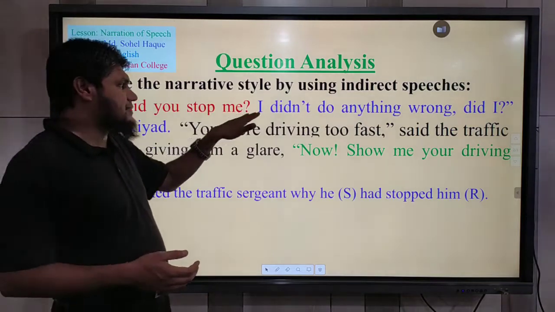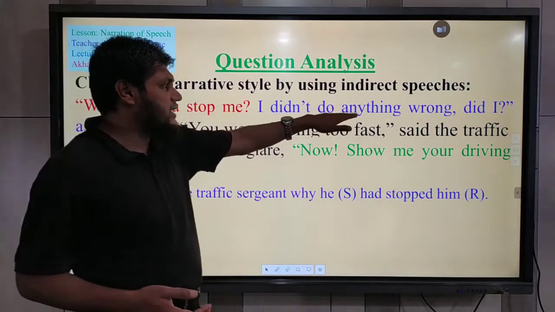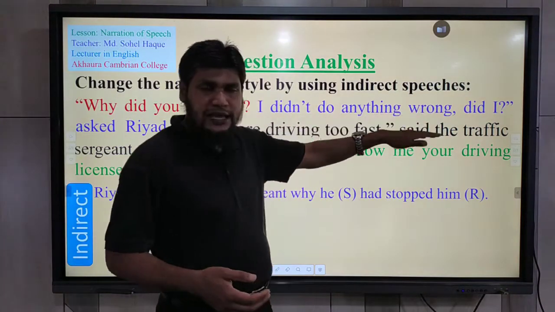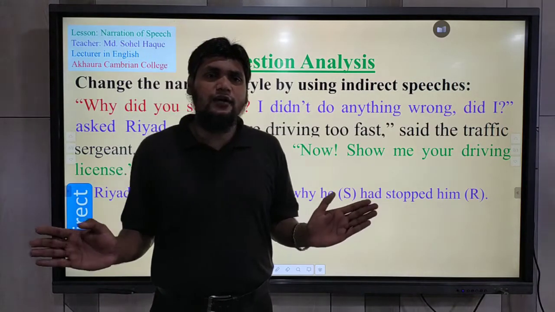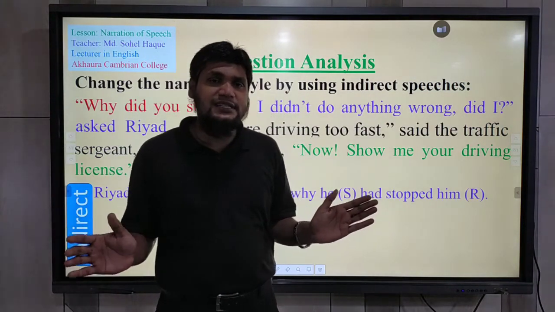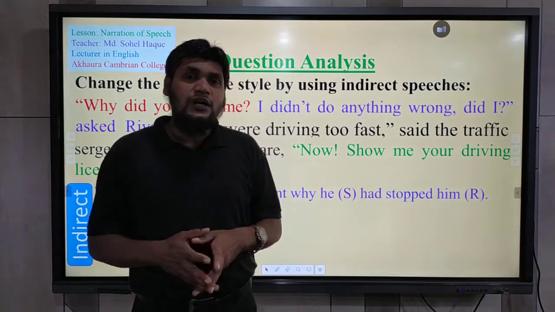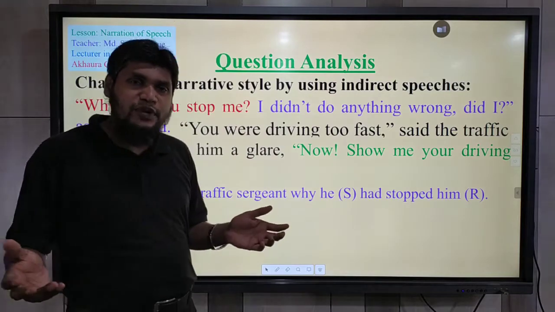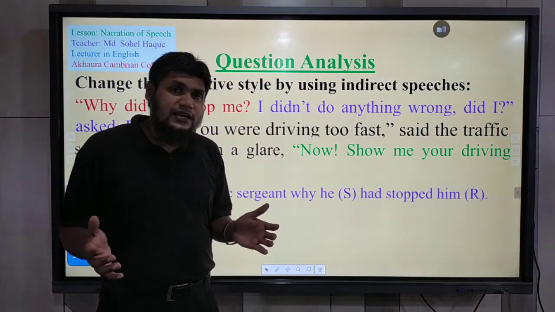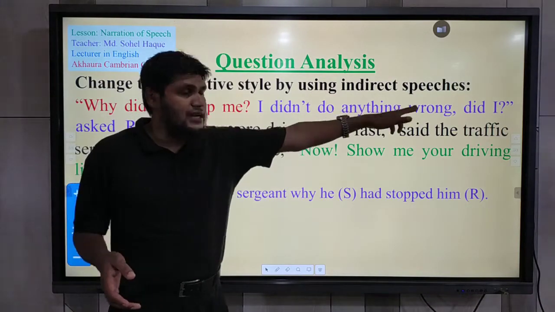Next, the second sentence. I didn't do anything wrong, did I? So there is a question tag. If there is any question tag or tag question with a sentence, you should use with a question tag at the beginning of the speech instead of the tag question.